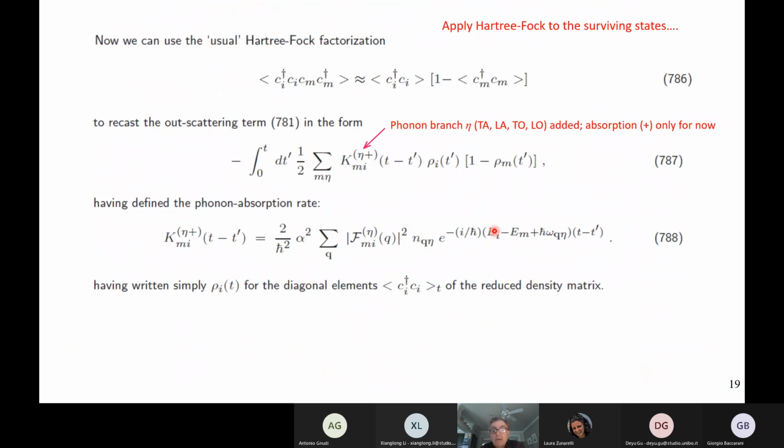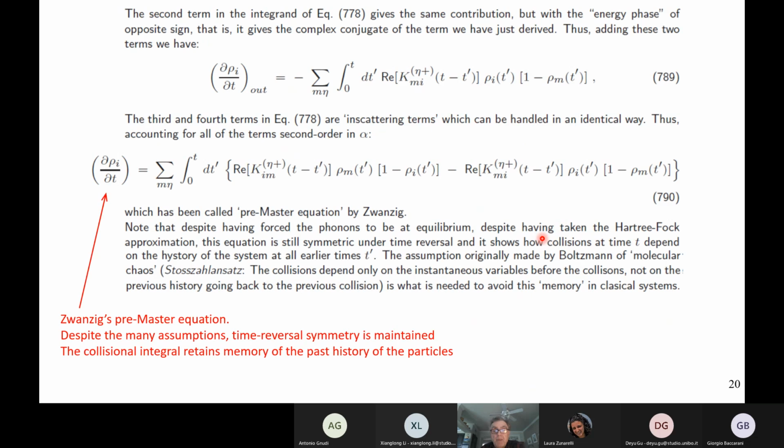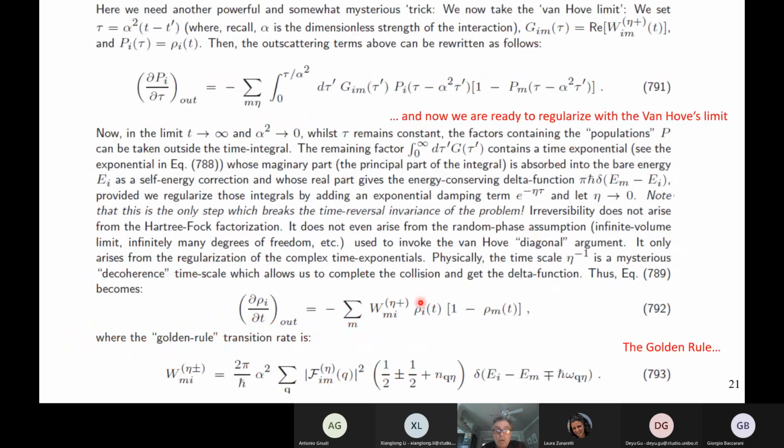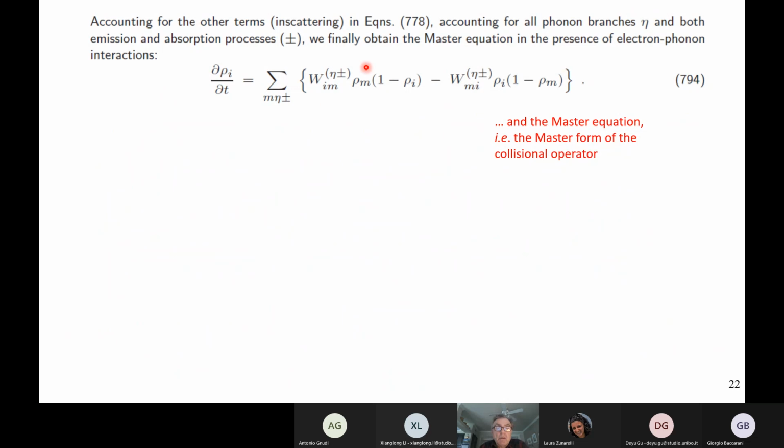This is the integral that we have to do over time, having added that little real exponential, and then we get the delta function. And so we recover the full master equation in this form. There's no dependence on the past history of the particle because we have completed the collision. It doesn't depend anymore on the past history.